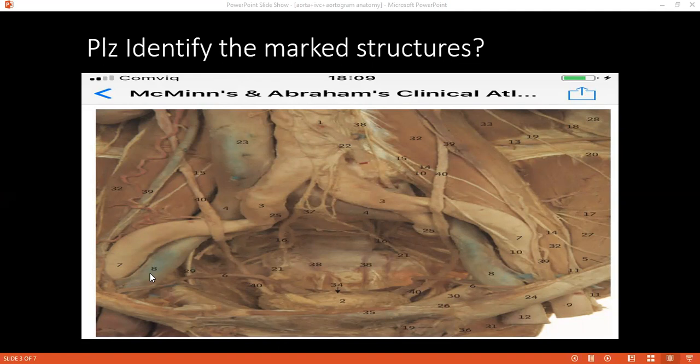Can you please tell me all the tributaries of the inferior vena cava, please?